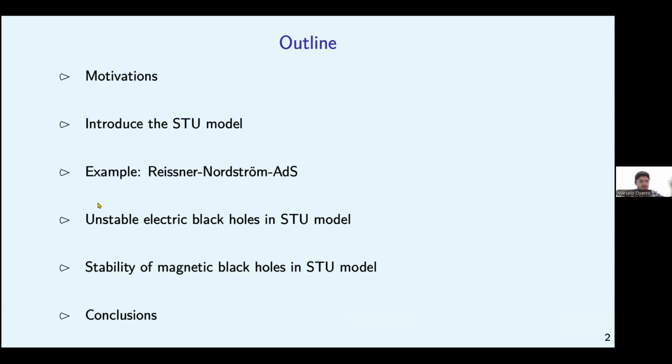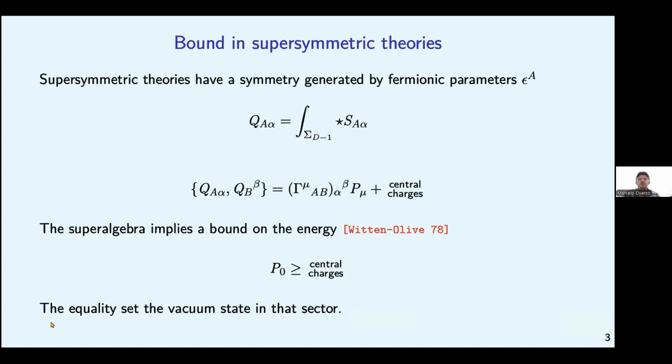And in the second part, I will talk about the stability of electric black holes in the STU model and what happens with magnetic black holes in that case. Finally, I will conclude.